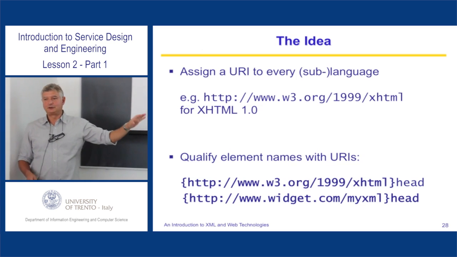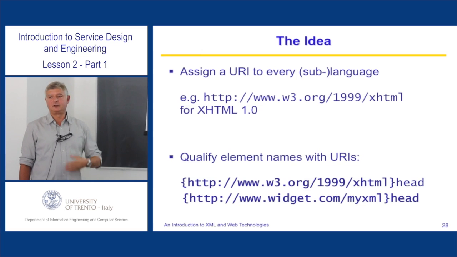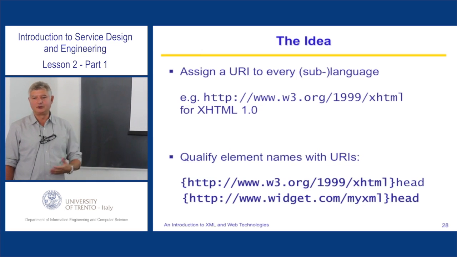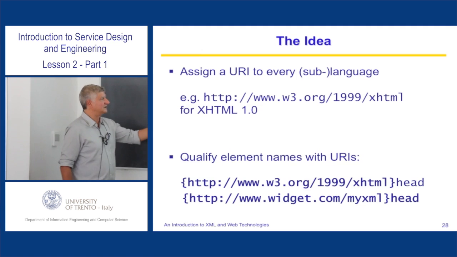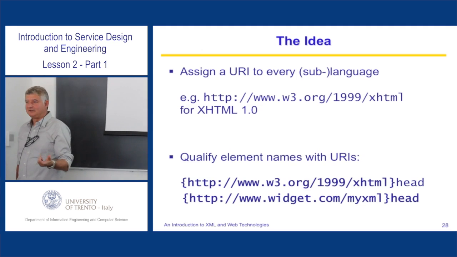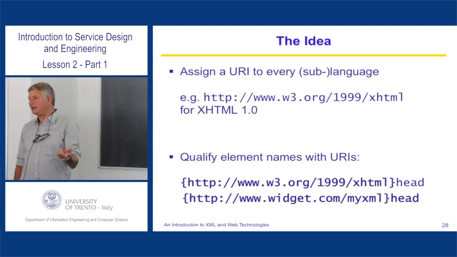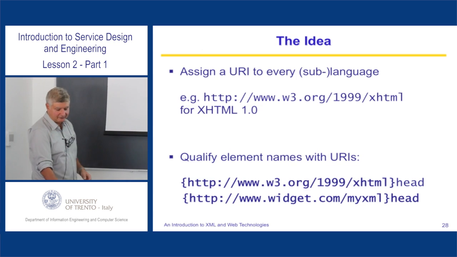XML, we will for sure see it in actual usage, is a very verbose language. Verbose meaning that it's very long, not very concise. It contains a lot of information, and this makes it even more verbose. If for every tag you want to specify you also need to specify the sub-language, your files will become long and unreadable.